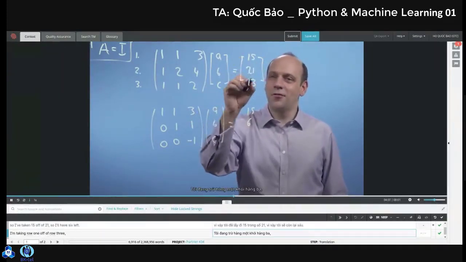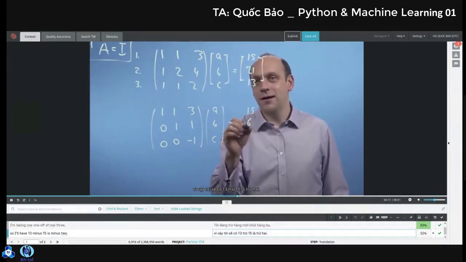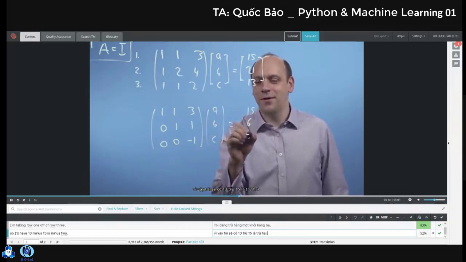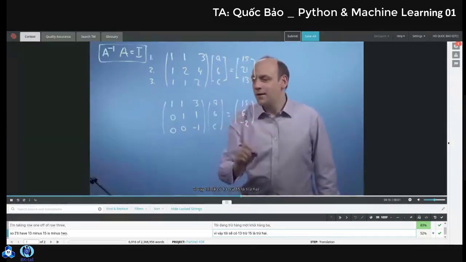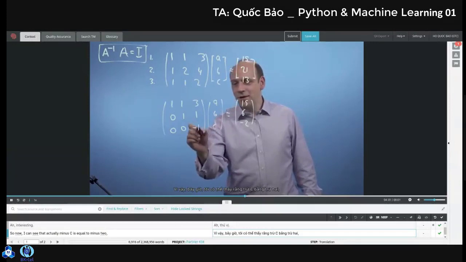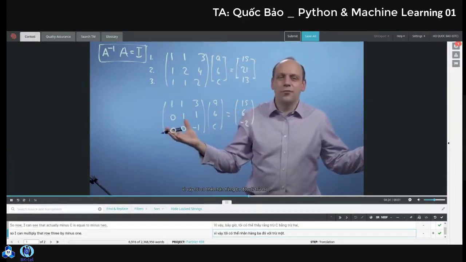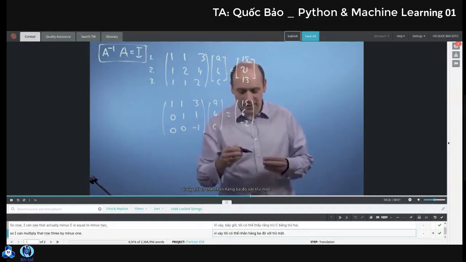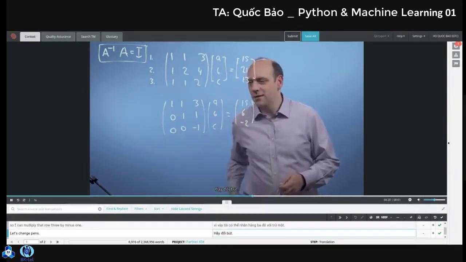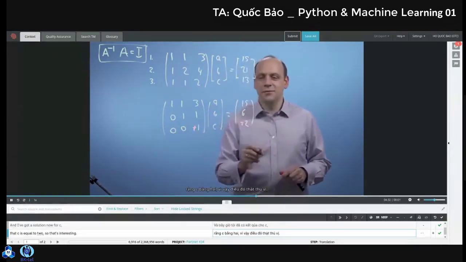And I've taken row 1 off of row 3, so 13 minus 15 is minus 2. So, interesting. Now I can see that actually minus C is equal to minus 2. So I can multiply that row through by minus 1 here. I'll just change pens. And I've got a solution now for C, that C is equal to 2.